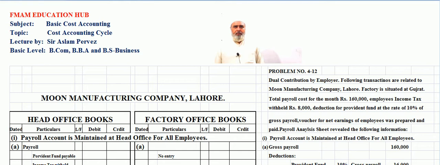Students, in this problem we will use two separate journals, the head office books and the factory office books, because the head office and factory office are located at different places.